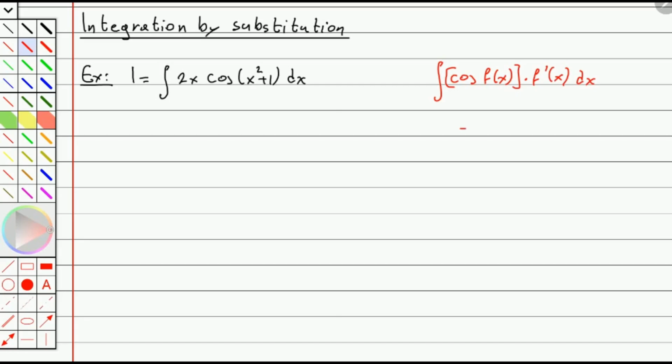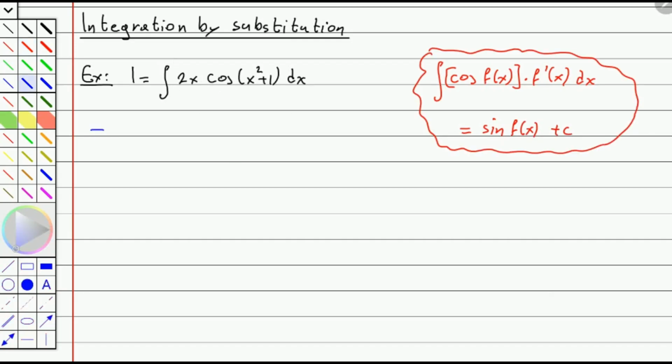And this will give us the sine of f of x plus c. So this is an easy case, so we can write directly that I is the sine of x squared plus 1 plus c. And let's take it as a given for checking our technique.